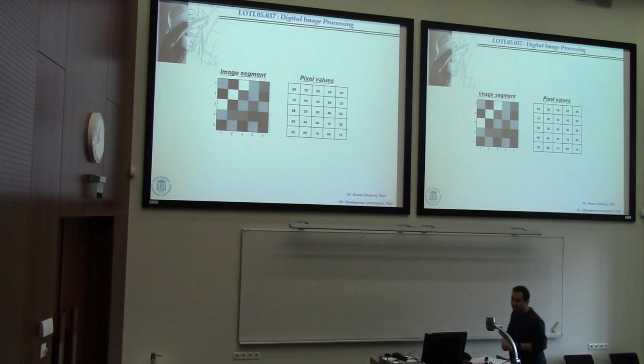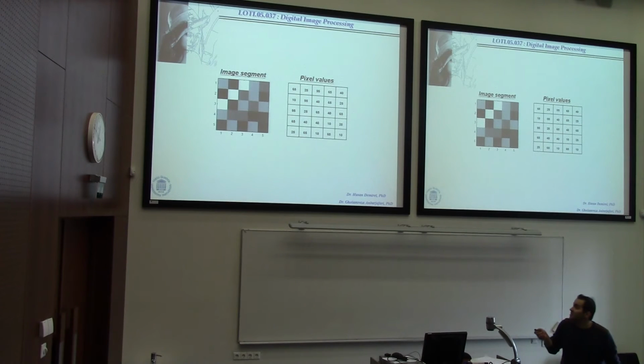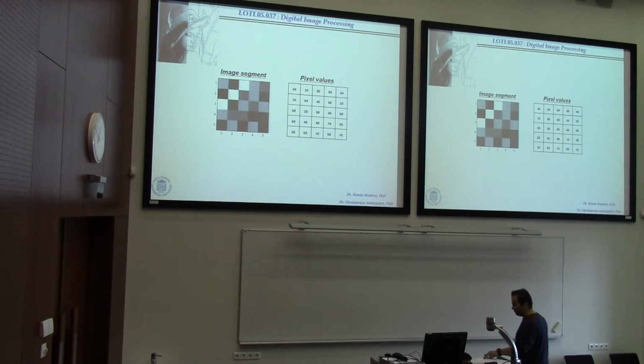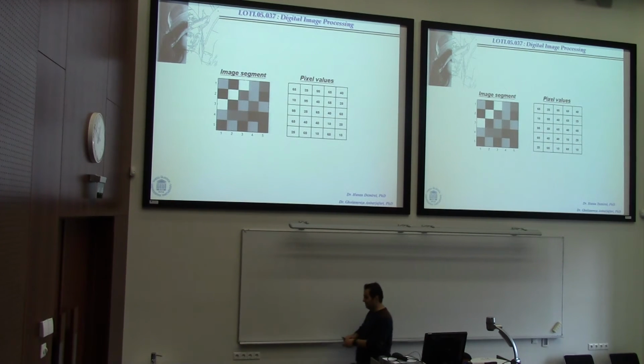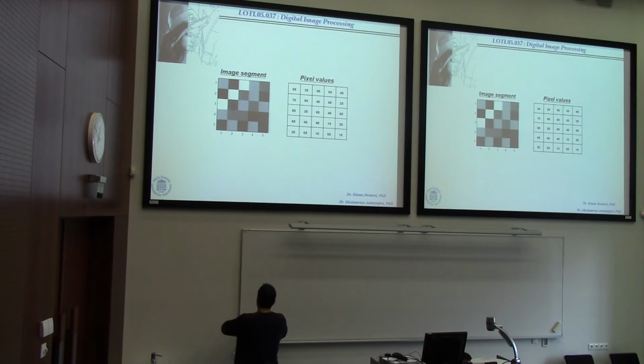We have this 8-bit image here, and we have the corresponding pixel values here. Then we have to find something here.